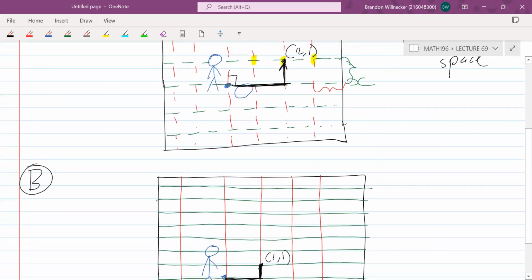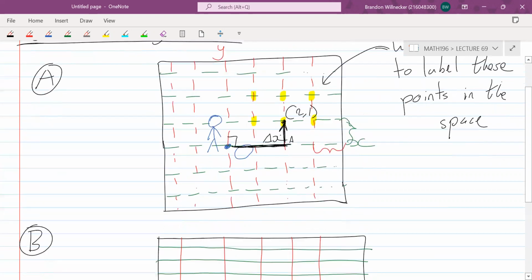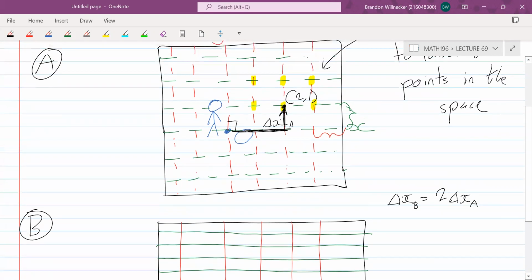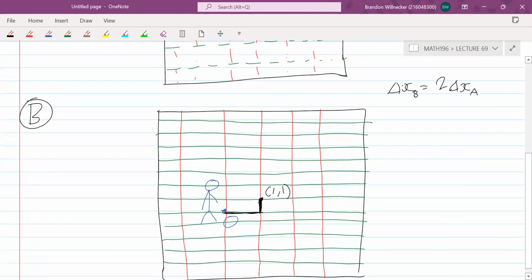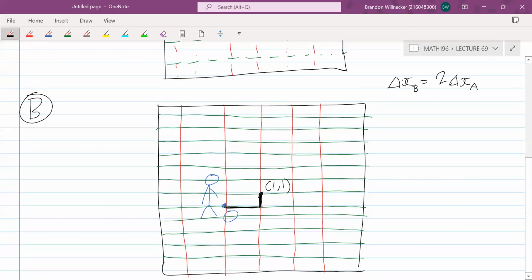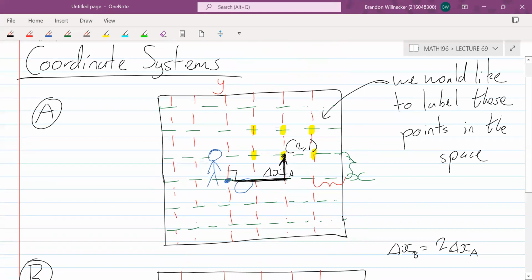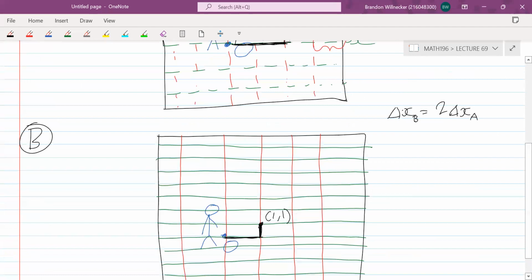Okay, because the horizontal distance, let's say delta x in the A system, in the B system, delta x B is twice delta x A. So before it was 2 spacings, here it only took us 1 spacing to get there. And the vertical is the same. The vertical spacing was 1 before, it's still 1, so the y coordinate is the same.